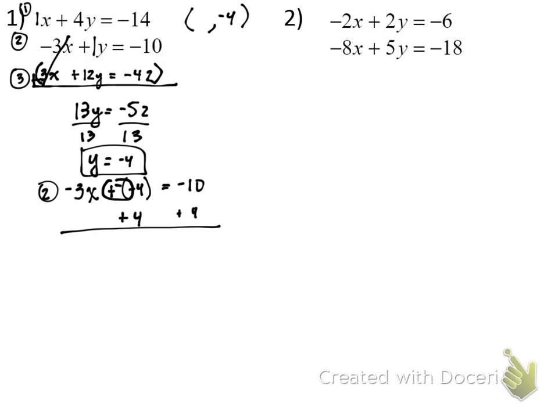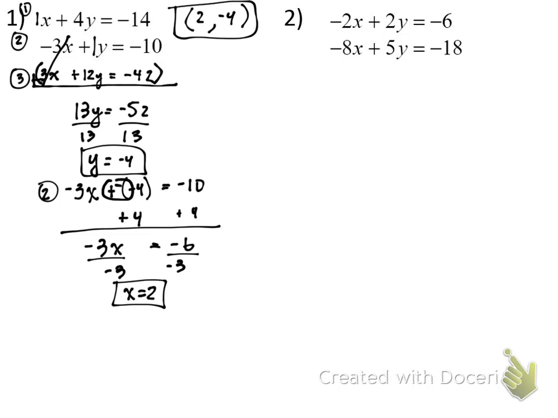So we got negative 3x, the 4's cancel out on the left side of the equal sign. Negative 10 plus 4 is negative 6. Divide both sides by negative 3. So we got x is equal to 2. And then we put our answer here as our ordered pair, so that where it crosses is at 2, negative 4. Okay? Makes sense? Hopefully you're all paying attention and not distracted.